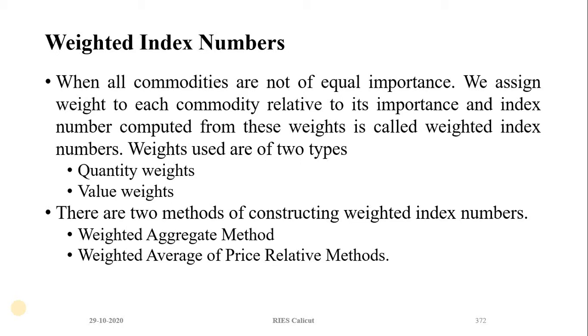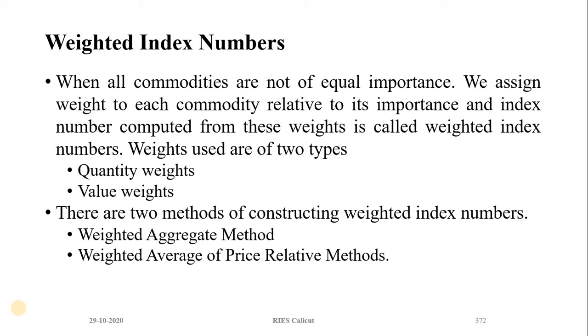Okay, but many times the relative importance of a commodity in the commodity basket is very important. We cannot always treat all the commodities in a commodity basket as the same.